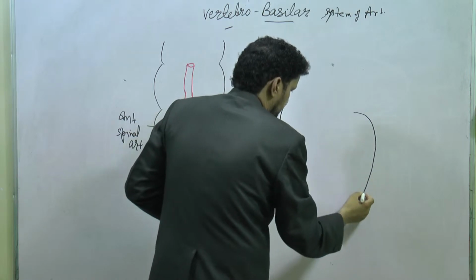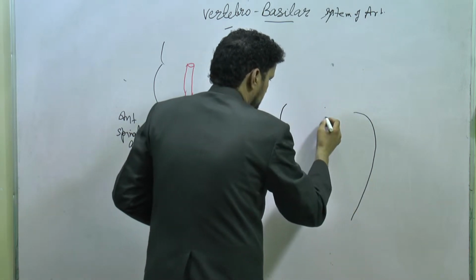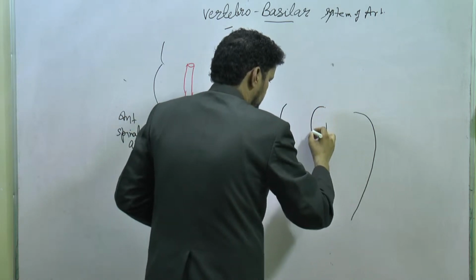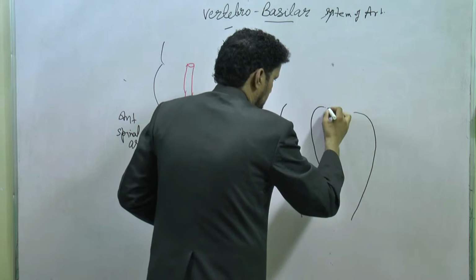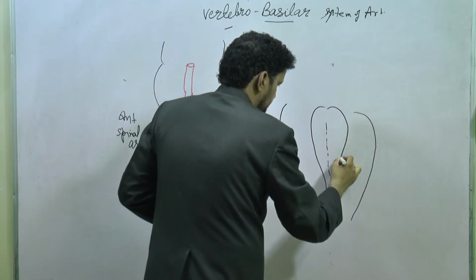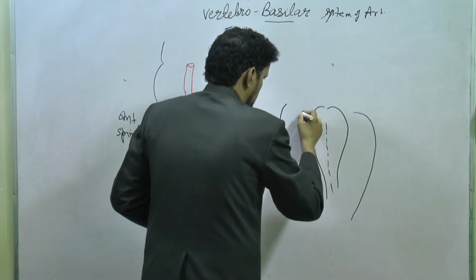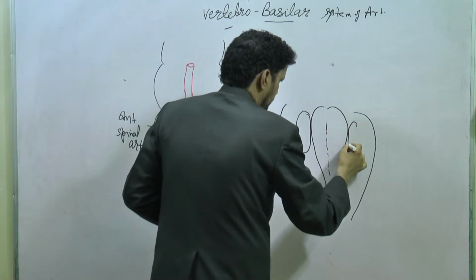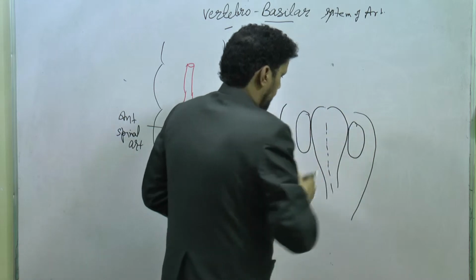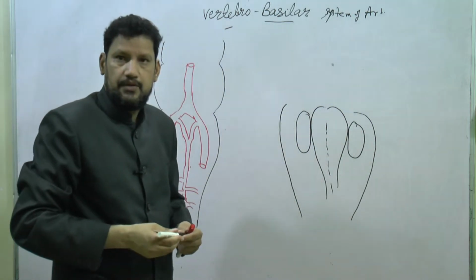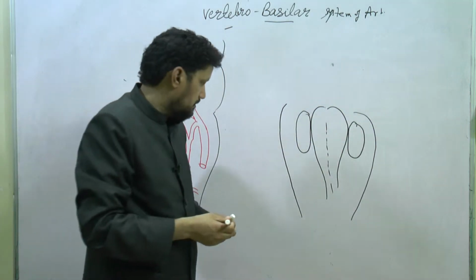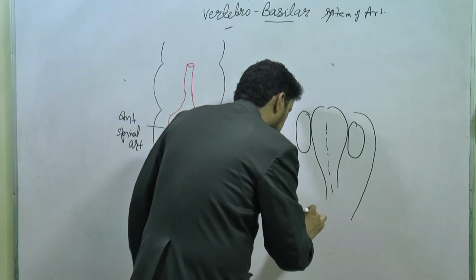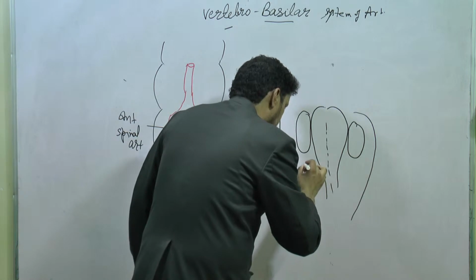This is the anterior part of the medulla. This is the anterior median fissure, the pyramid, and the olives. So arteries are coming in this manner.